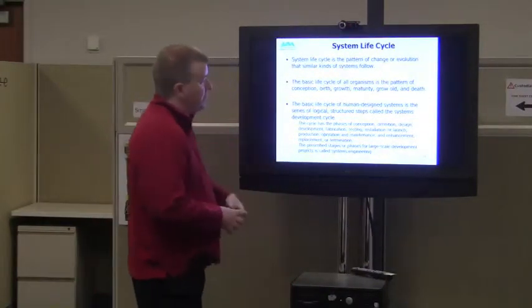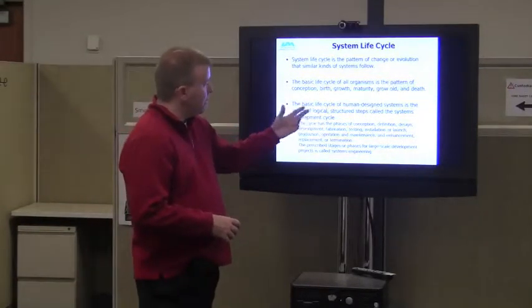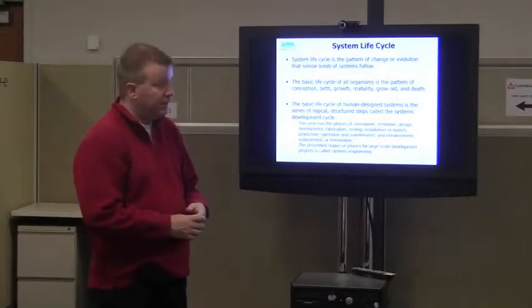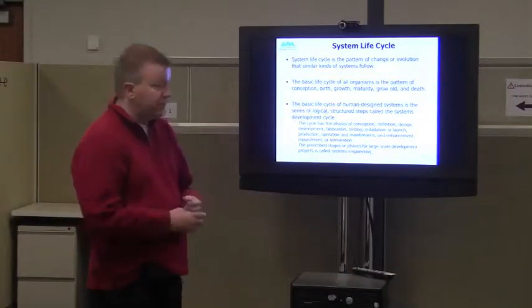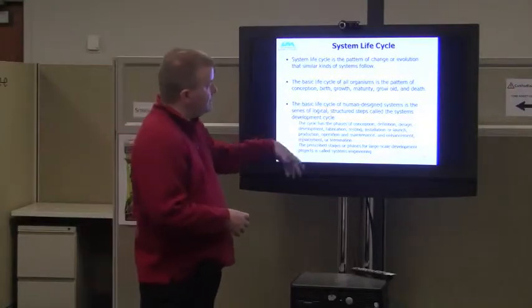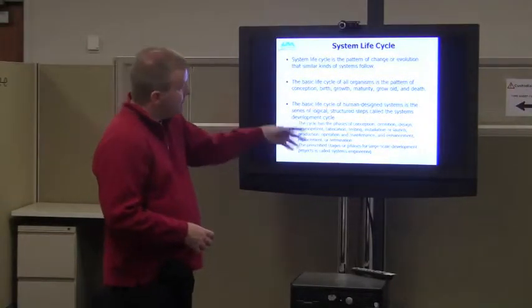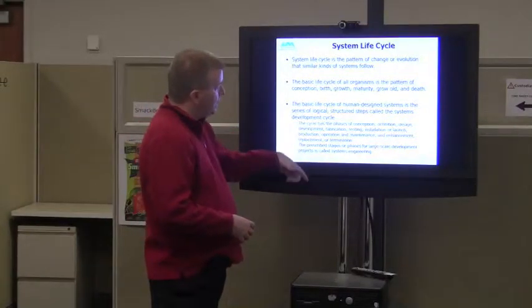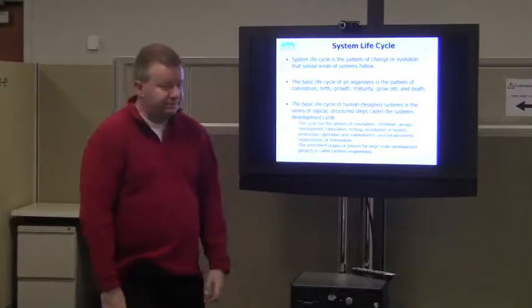So the basic life cycle of a human design system is a series of logical, structured steps called the systems development cycle, okay? Or we call it the system engineering process. I mean, there's lots of other terms for it. The cycle has phases of conception, definition, design, development, fabrication, testing, installation or launch, production, operation and maintenance, and enhancement, replacement or termination, right?